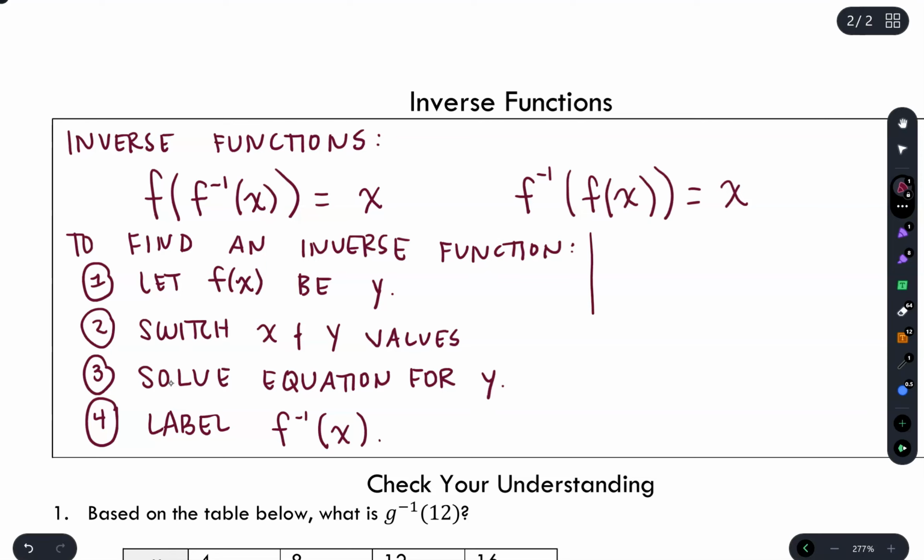Okay, what else is special about an inverse function? So the inputs and the outputs, what happens with them? They switch. So that means my domain and my range, what? They switch, yes? So in my original function, here I have my domain and my range of some random original function.